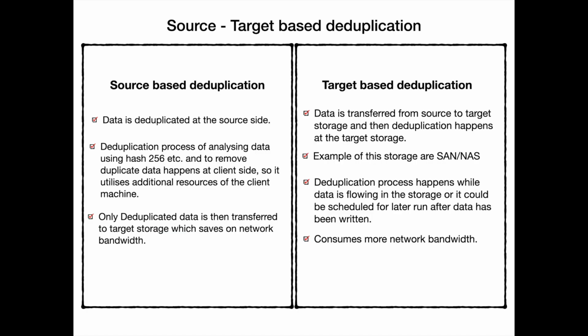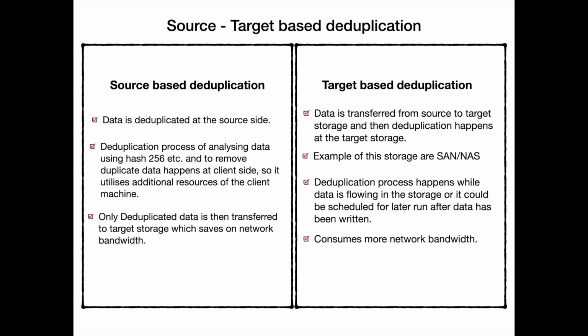If you do the deduplication process at source level, it becomes source-based deduplication. Source means where the data is generated or any place near where the data is getting generated. If you do the deduplication at the target side, then it becomes target-based deduplication.